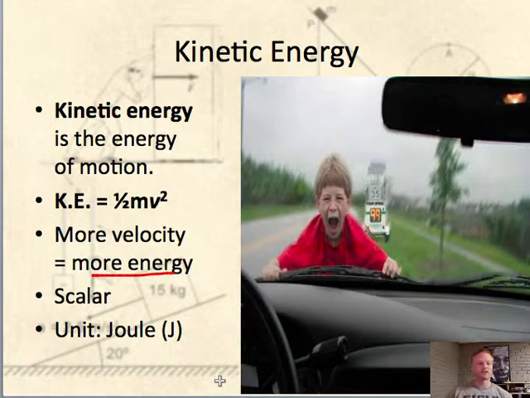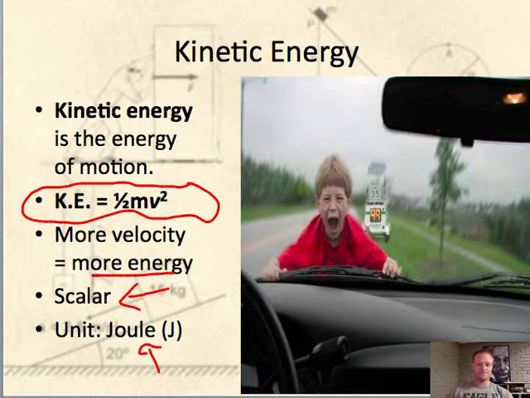So if you're going 30 miles per hour down a road, you would have more kinetic energy than someone just taking a walk down the road at 4 miles per hour. Kinetic energy is a scalar, so you would not have to break it into components or have a direction associated with it. It's just a scalar quantity, and again, the unit is the joule. So here is the formula for kinetic energy.